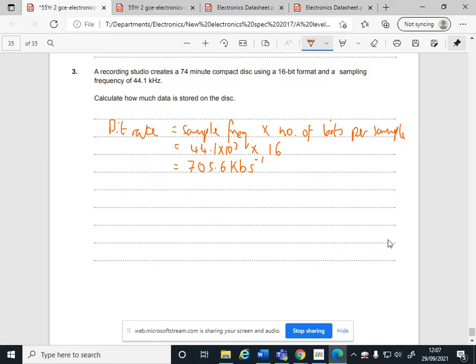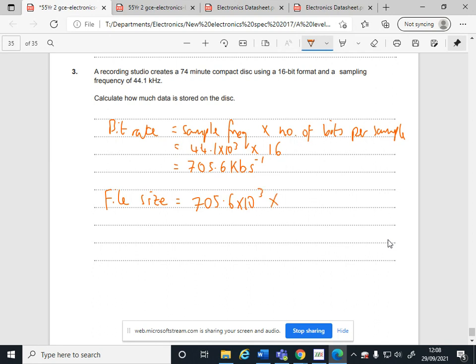The 74 minutes. So how would we work out the file size? See how many of those will fit into it. So it's going to be 705.6 times 10 to the 3, because I'm converting it back to bits. It's got to be bits.